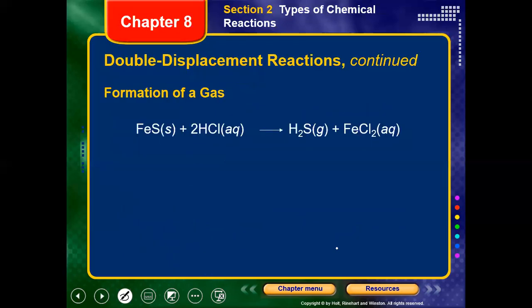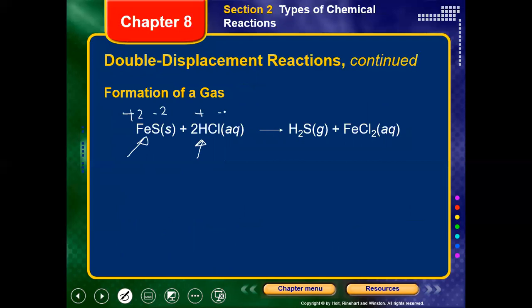Another form of double displacement reaction is the formation of gas. If iron 2 sulfide reacts with hydrochloric acid, as we said, the first one is positive, second negative.